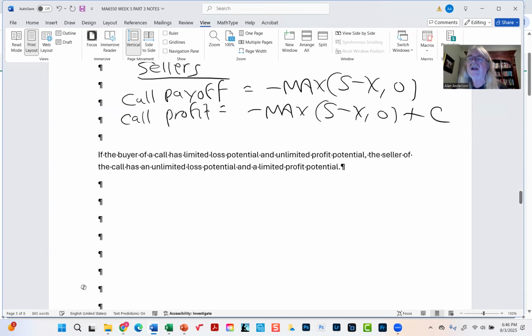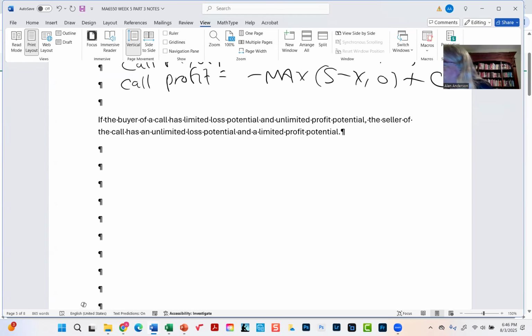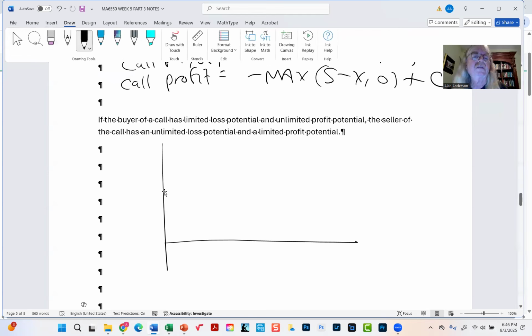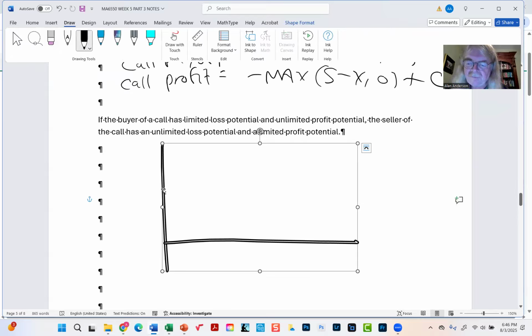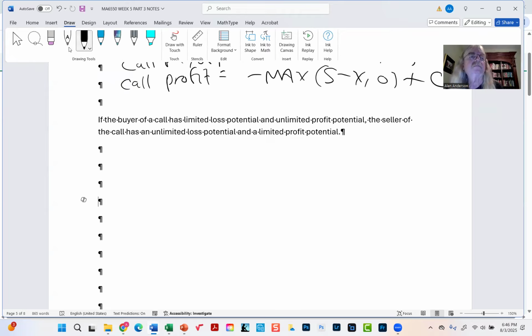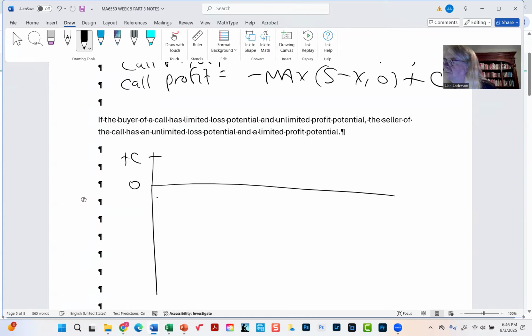So let's take a look at what the graph looks like now. Actually, this one, I'm going to have to draw it a little bit differently.